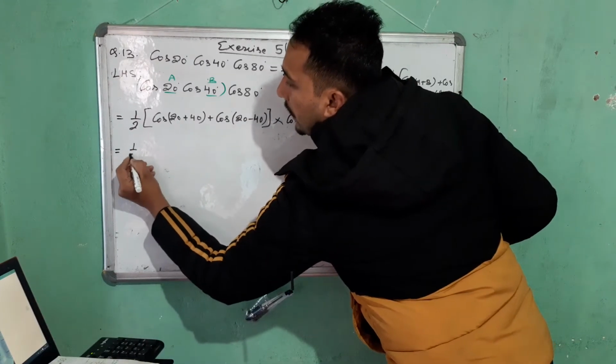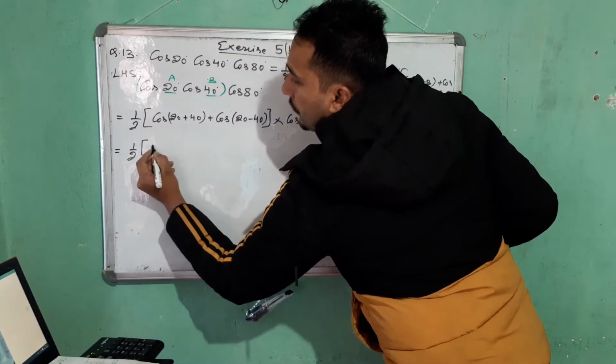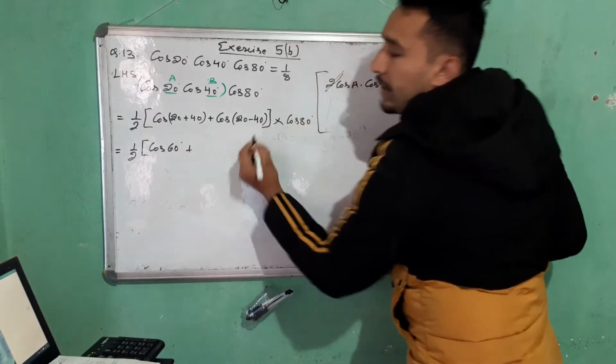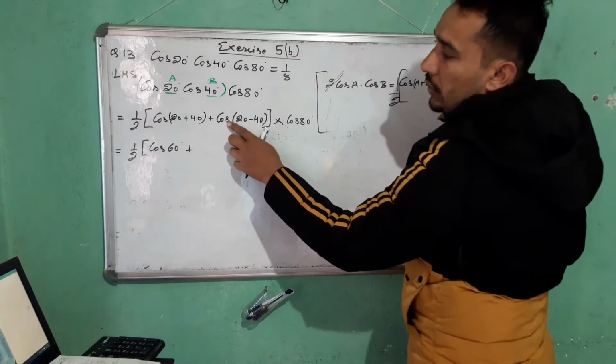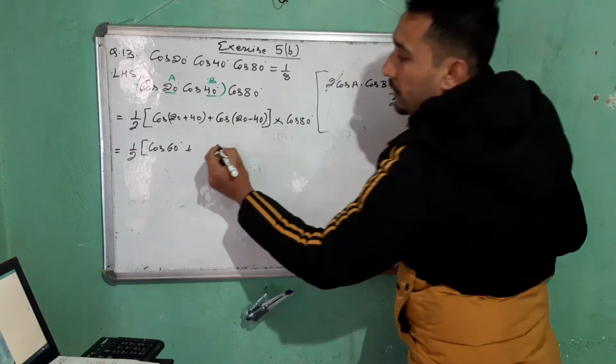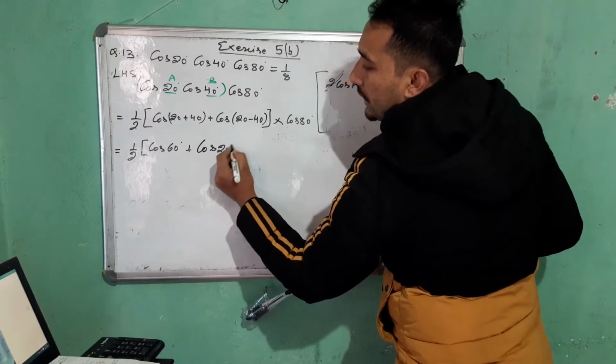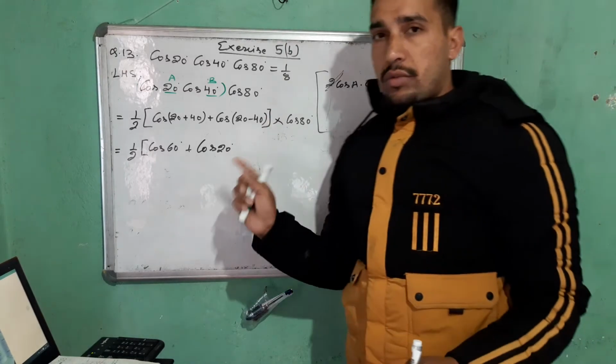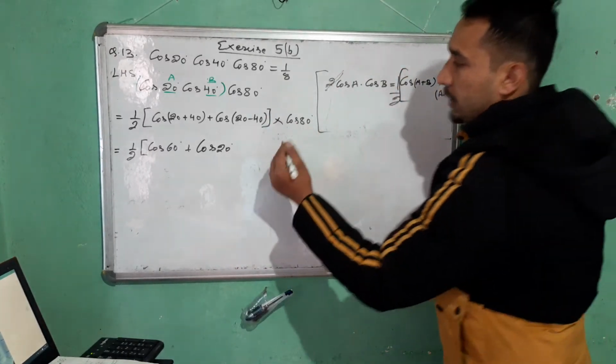This will be equal to 1 by 2 of cos 20 plus 40, which is 60 degree, plus cos 20 minus 40, which is minus 20. Cos minus theta is cos theta only, okay. So I'll write cos 20 degree. No need to write cos minus 20 because cos minus theta is cos theta. I have already explained this part in the previous video.